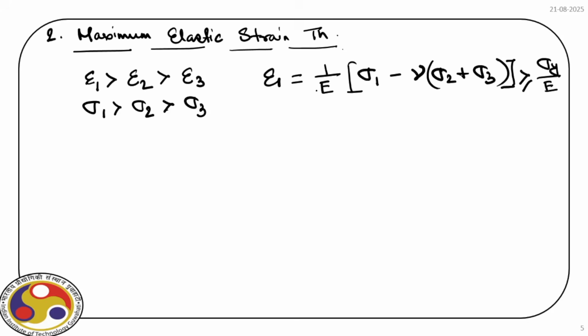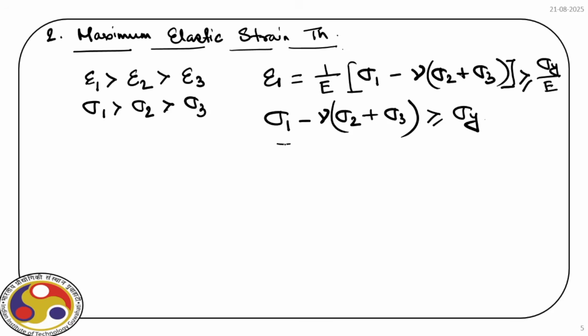Now, if we further simplify, we can cancel the capital E on either side, and what we get is sigma 1 minus nu times sigma 2 plus sigma 3 effectively is greater than sigma y.